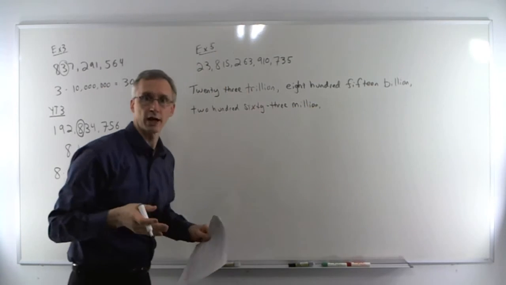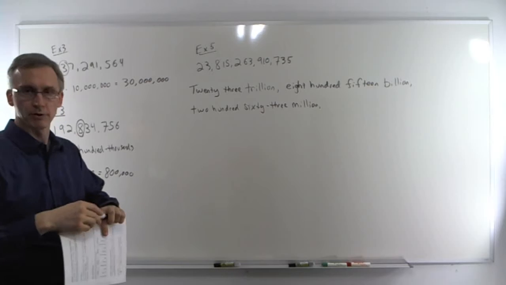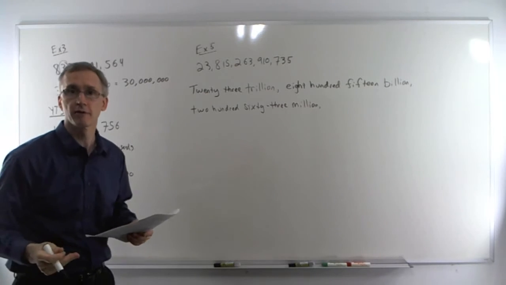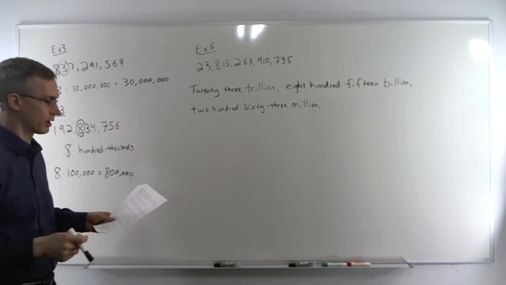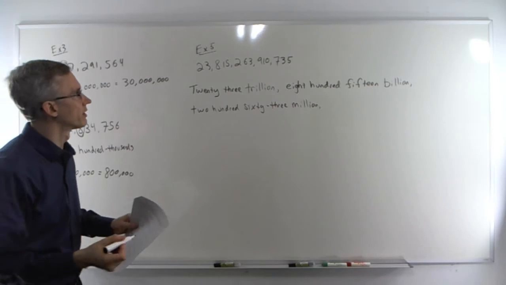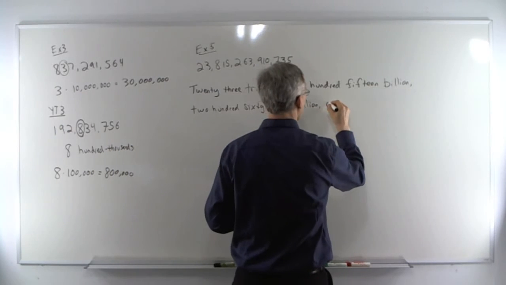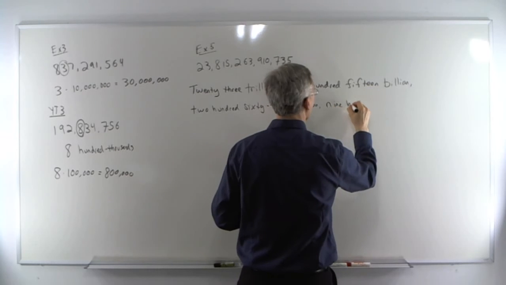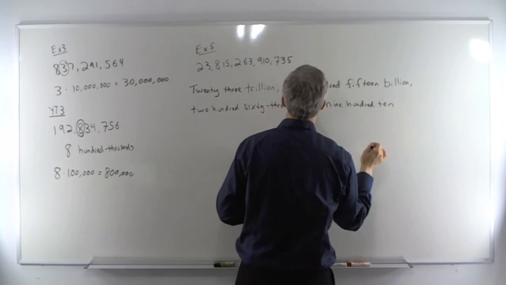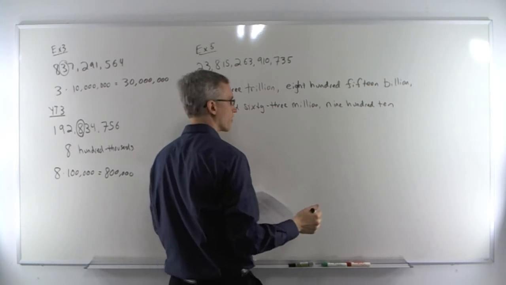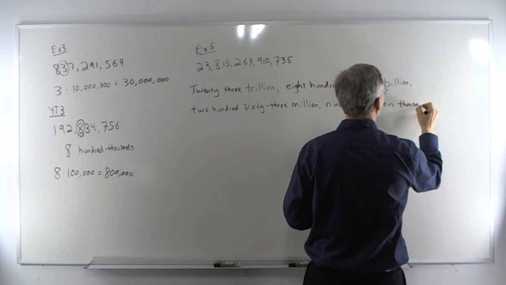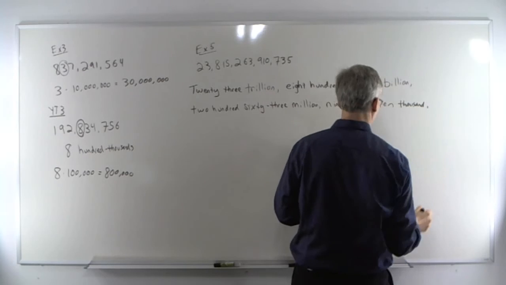Notice I'm not putting the word and in here anywhere. Some people do that. That is incorrect. There are no ands. And has a specific meaning in math. We're not going to include it in the word name. All right, next group over, 910. That is the second group over, the thousands place, so 910,000.